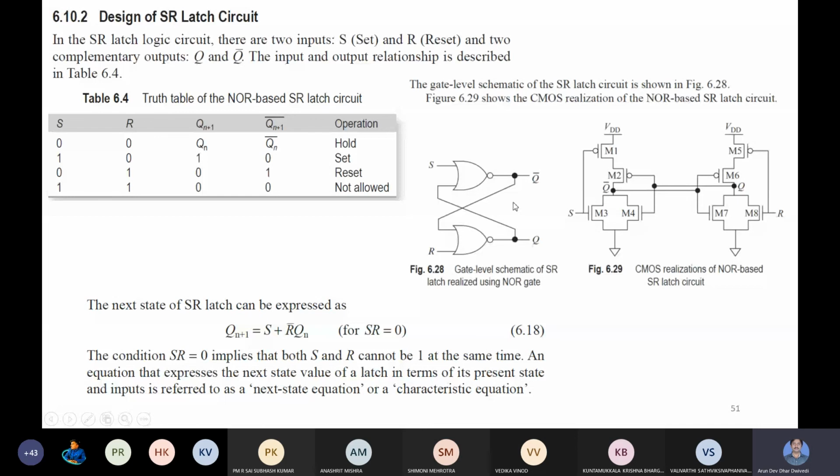So J CLK Q bar, and then it should be ORed with this one. So you can see the logic and check it. With the help of this Boolean function, we are implementing this complete circuit, because now time is over. So I am not discussing every part, but you can see. In this way, flip flop design is also possible.